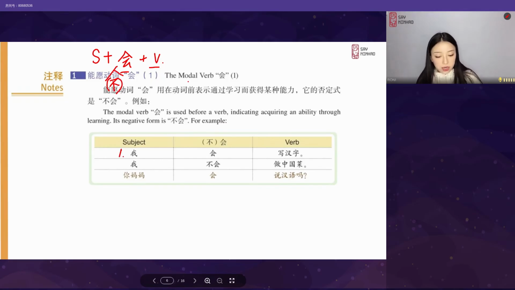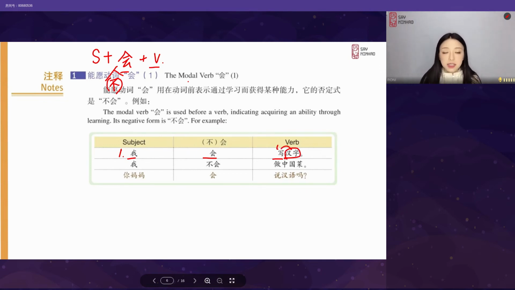First example here is 我会写汉字, I can write Chinese characters. 我 is the subject, 会 can, 写 means write and 汉字 is the object for 写.